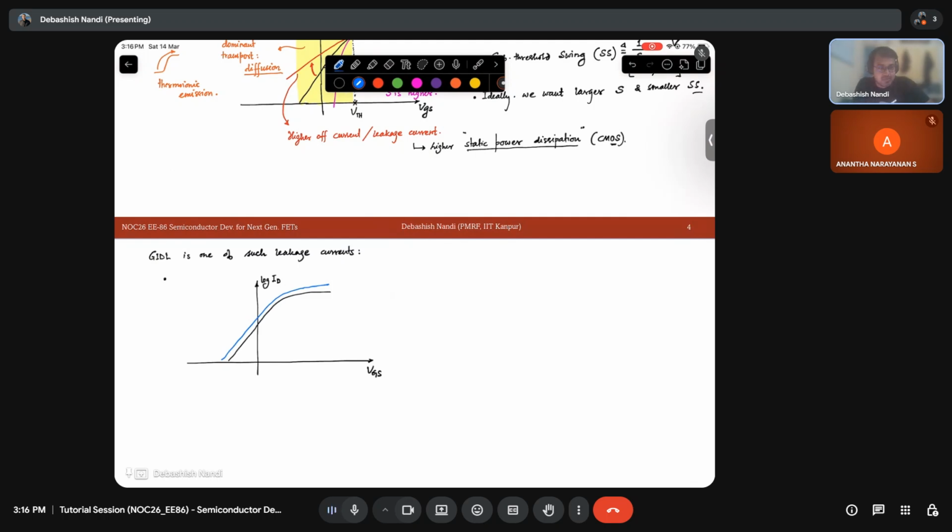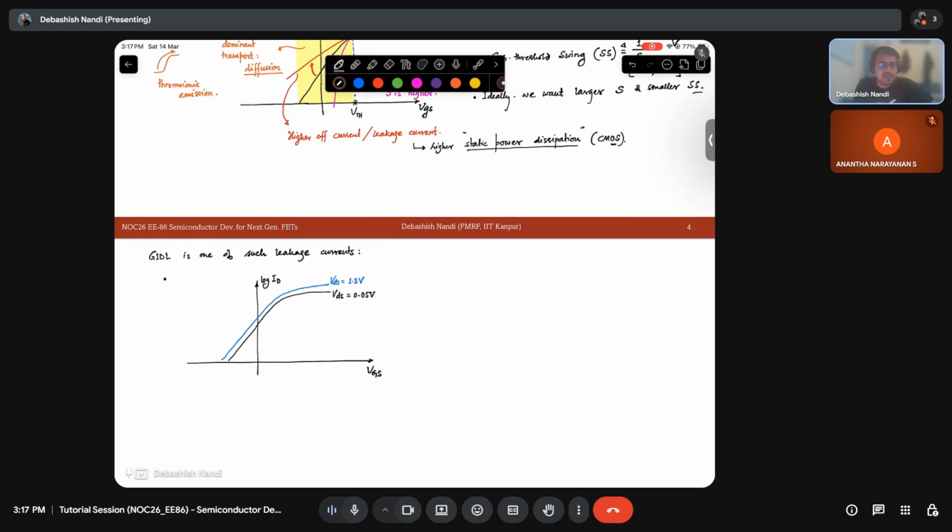This is due to DIBL, the threshold voltage shift that we have discussed. This is your VDS equal to, let's say, 1.2 volt, and this is your VDS equal to 0.05 volt. 1.2 volt is in your saturation, and 0.05 volt or 50 millivolt is in your linear region, right?